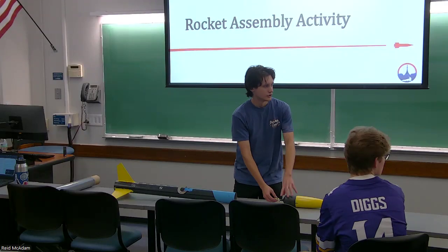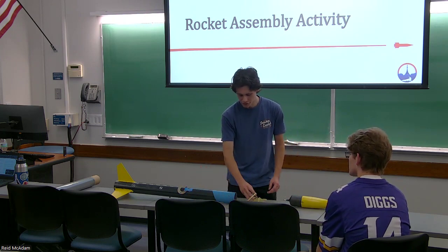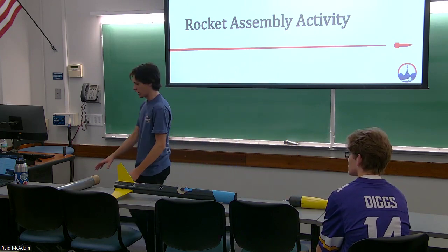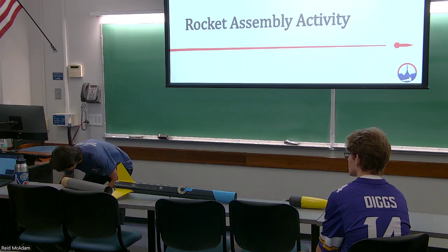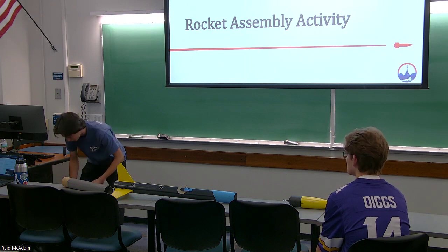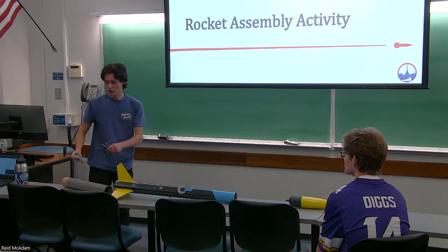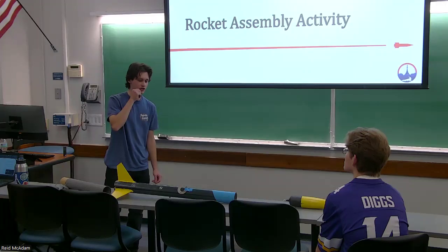Okay. So then, to make it into my L2, I'm adding on these sections, and I have a little bit extra to show for that. A big change about L2s is that you use an altimeter to set off ejection charges.